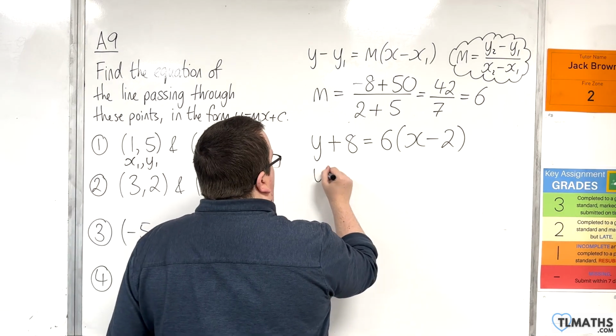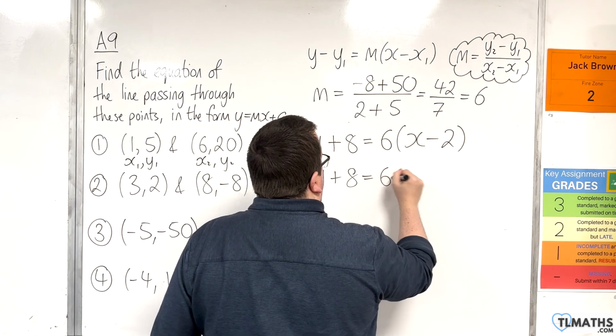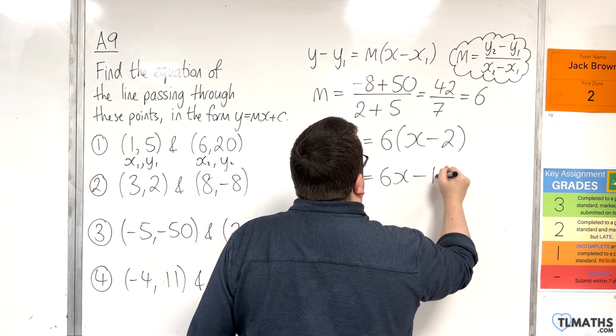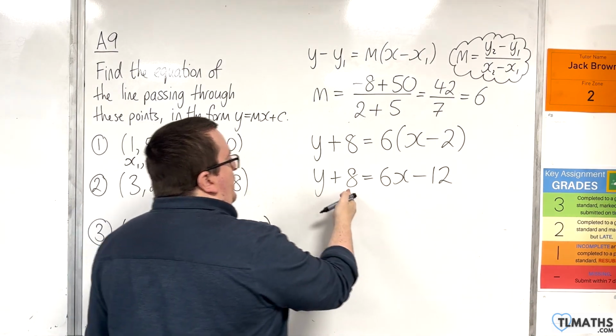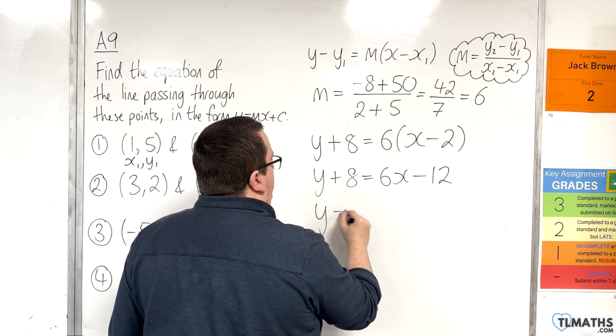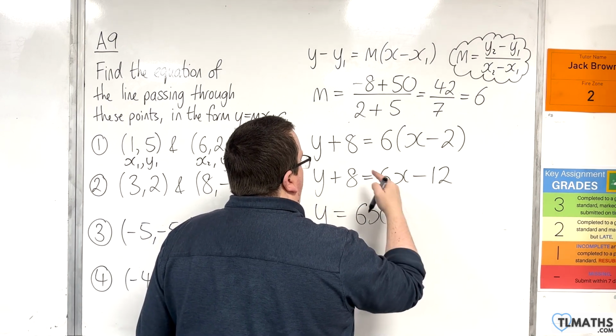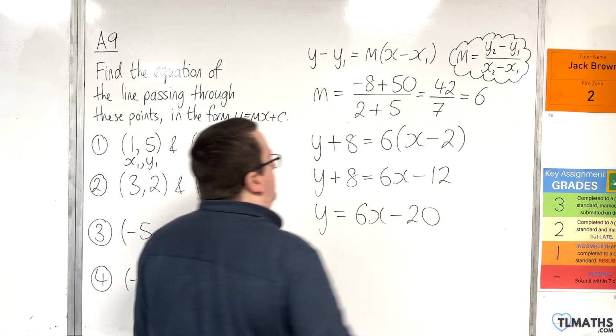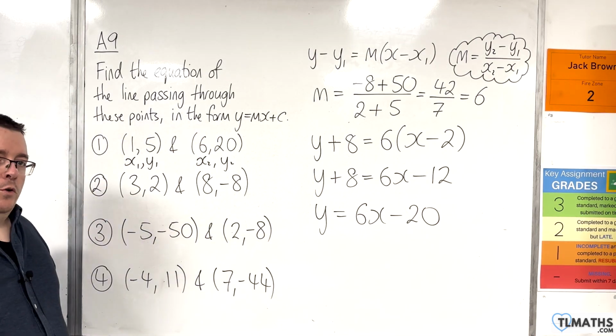Multiply out the right-hand side. 6 times minus 2 is minus 12. And then subtract the 8 from both sides. So minus 12 take away 8 is minus 20. And so that's the equation of my line.